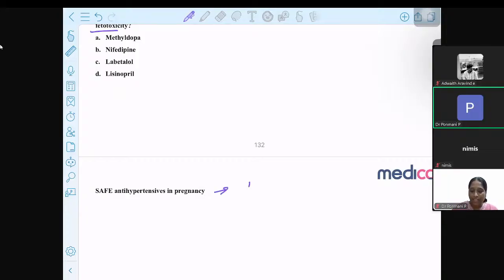So the safest drugs are alpha methyldopa, labetalol, and nifedipine. So these drugs are safe in pregnancy.